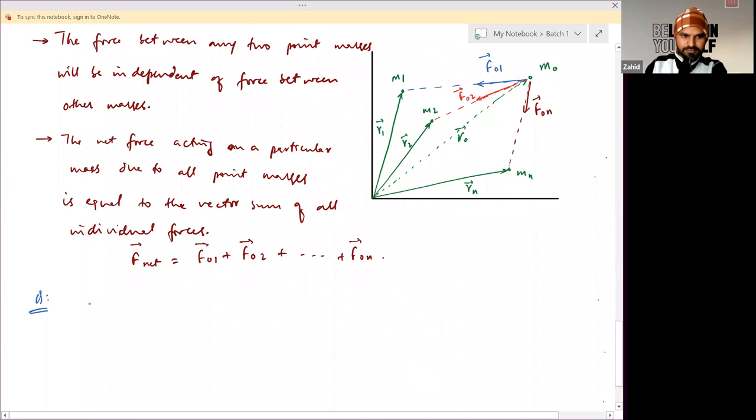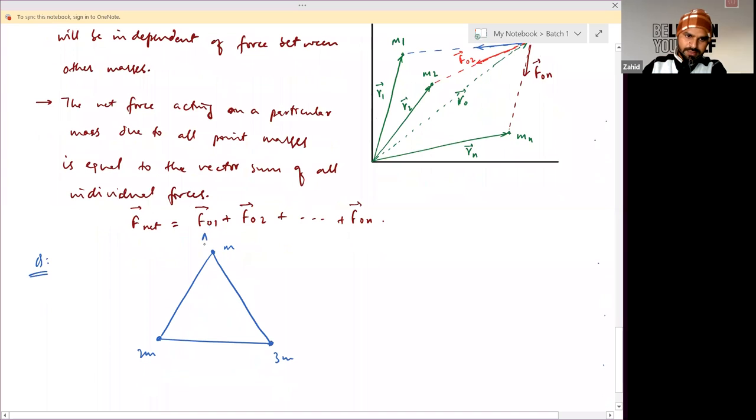Suppose there is an equilateral triangle on which we have masses M, 2M, and 3M.